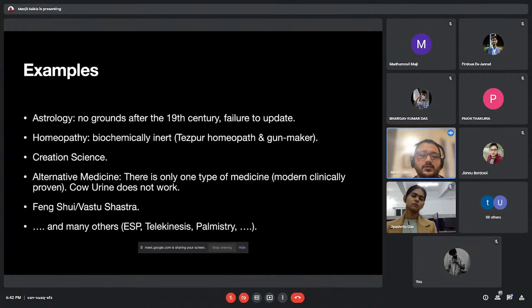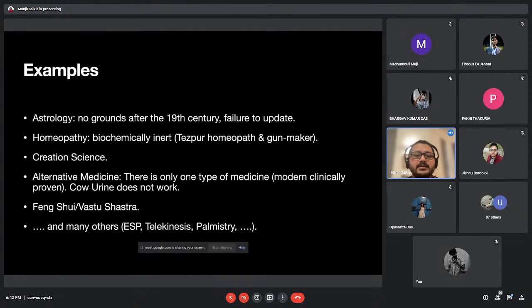Also, they have failed to update whatever they are doing, because 2000 years ago the arrangement of the zodiac in the sky was completely different from what it is now. It has shifted. If you are designated as a Capricorn now, it's not necessary that 2000 years ago you would have been a Capricorn.